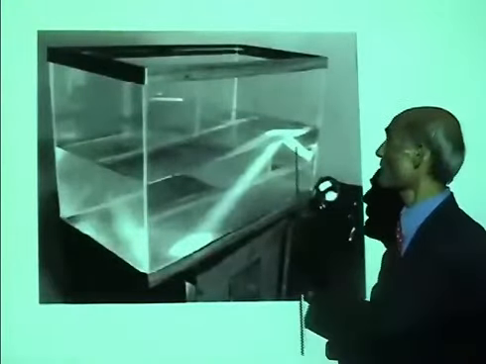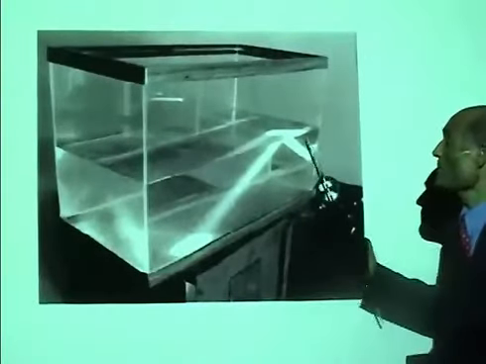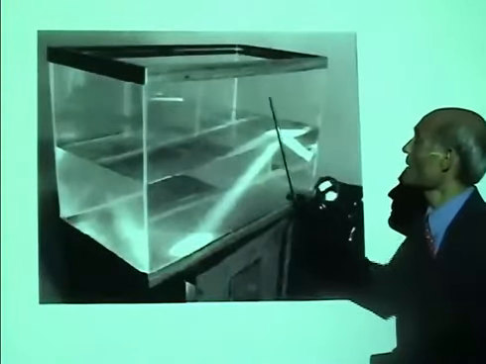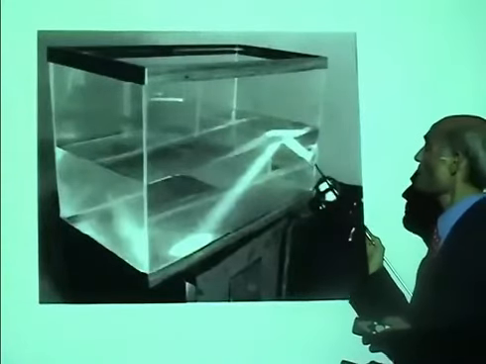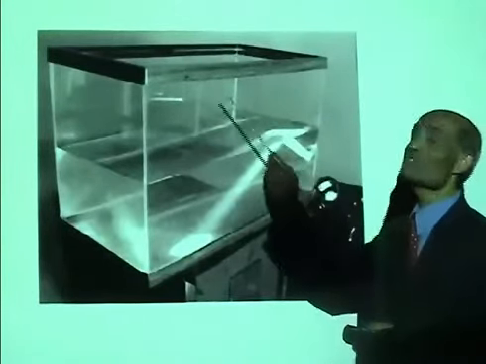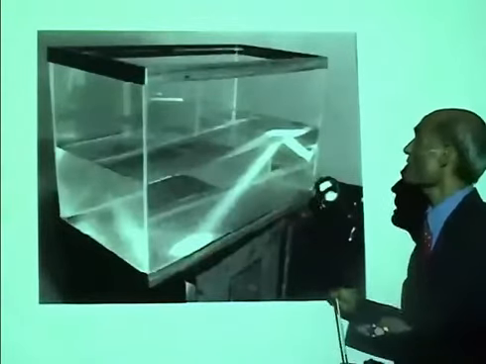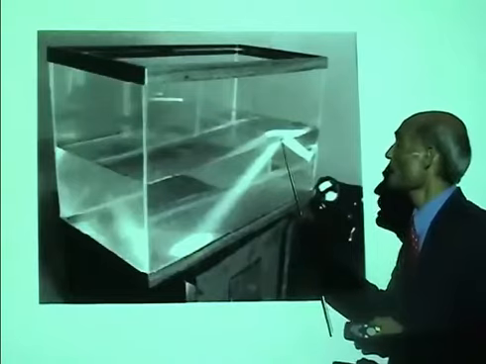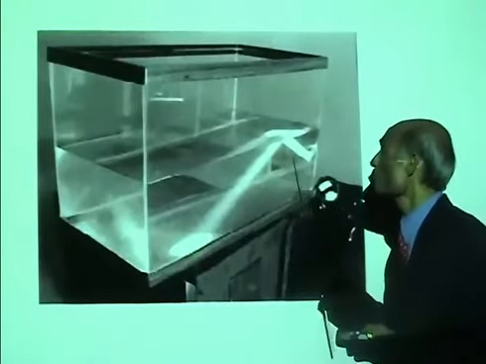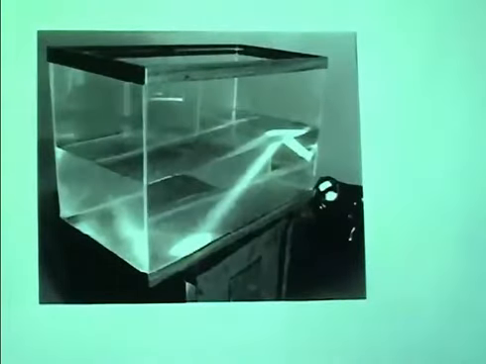Now, I have shown an illustration here. This is water, and of course that is air. I have light coming from water going into air, and I have adjusted the angle of incidence such that the angle of incidence is greater than the critical angle. Now look at the angle of incidence there.